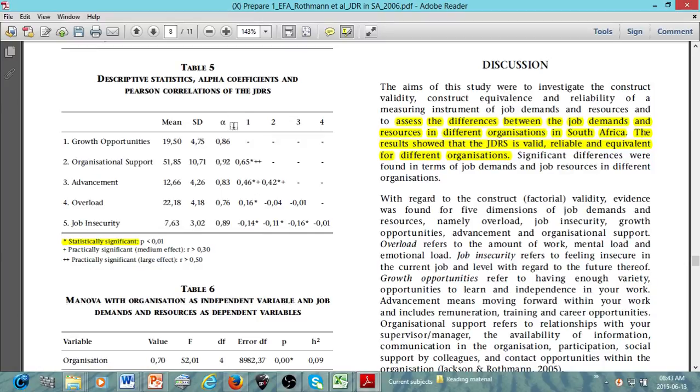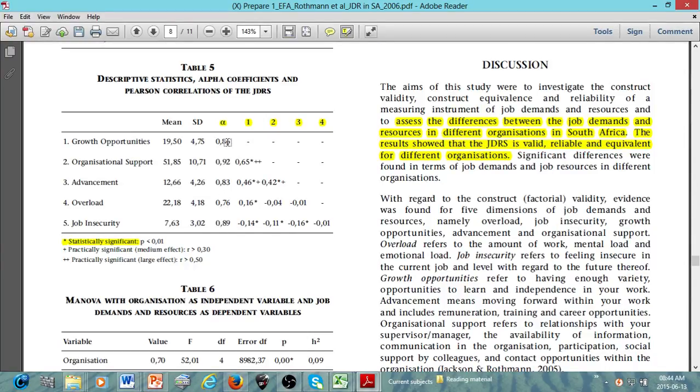Okay, so from here on, this is the mean, the average, in other words, the standard deviation, and this symbol indicates the Cronbach alpha coefficient. So here they're indicating the Cronbach alpha coefficients for each of the tests.